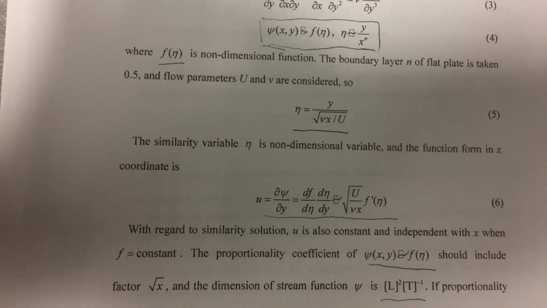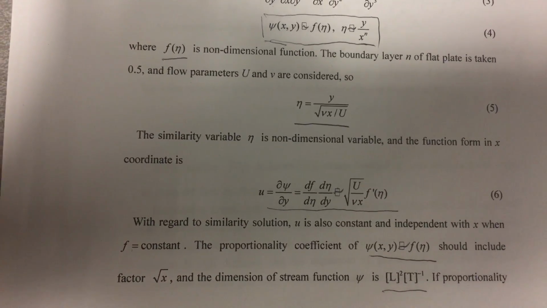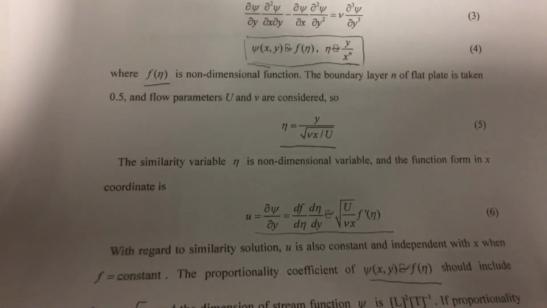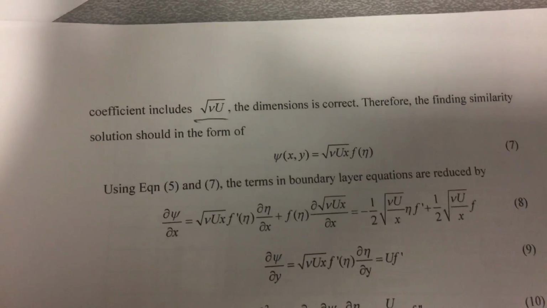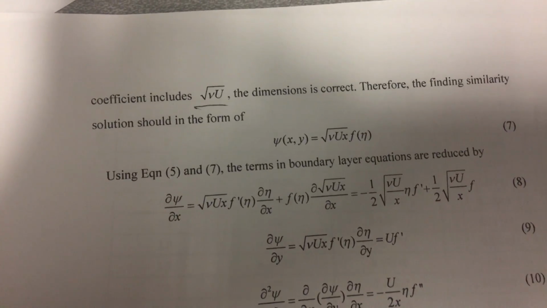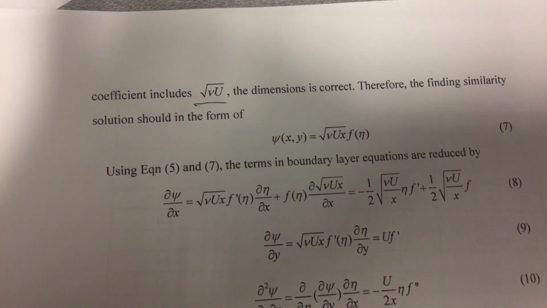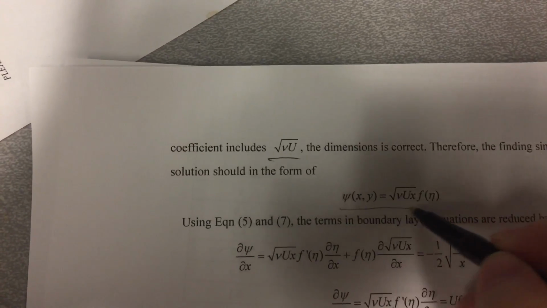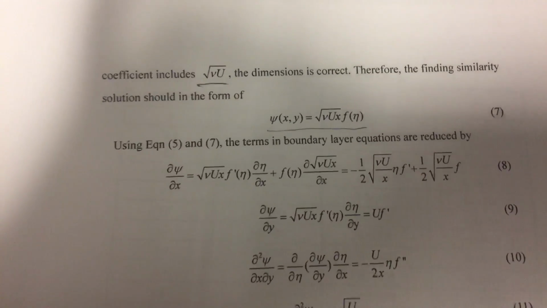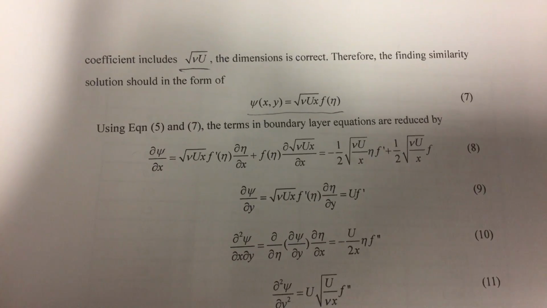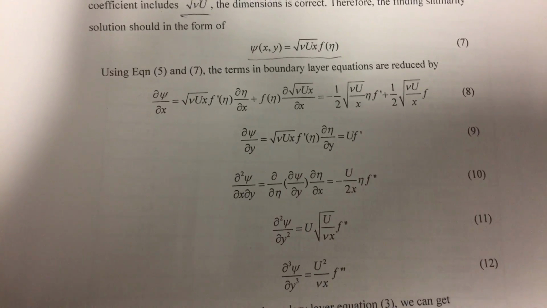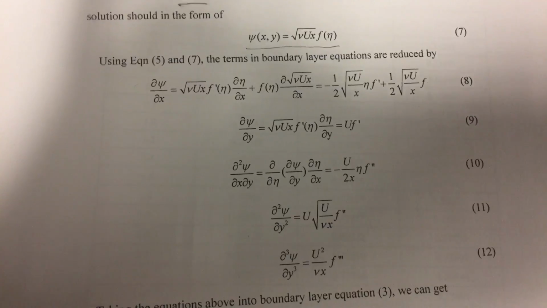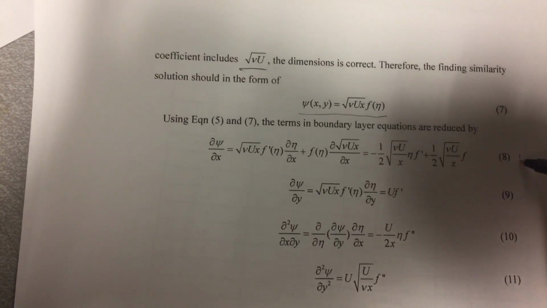So if our proportionality coefficient includes this definition, then the dimension is correct. So the similarity solution should be in the form of this expression, right? So we use equations 5 and 7 as shown before. So the terms in the boundary layer equations can be reduced by this.